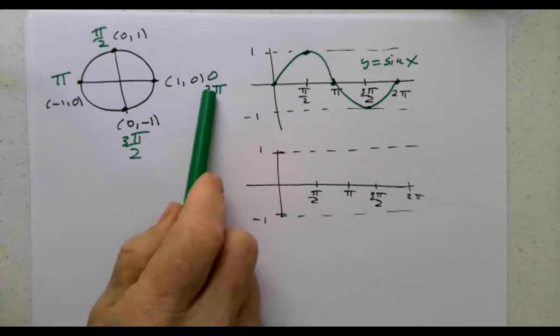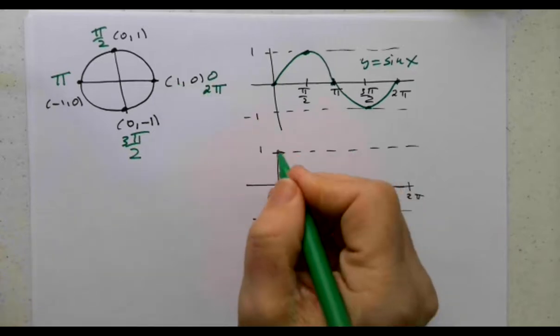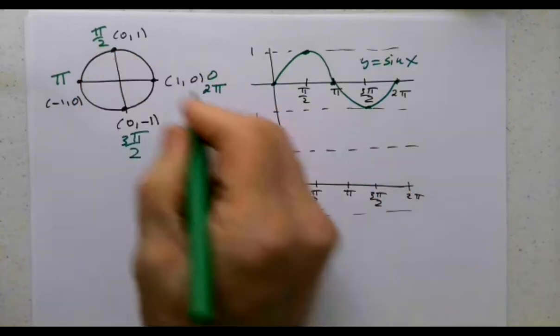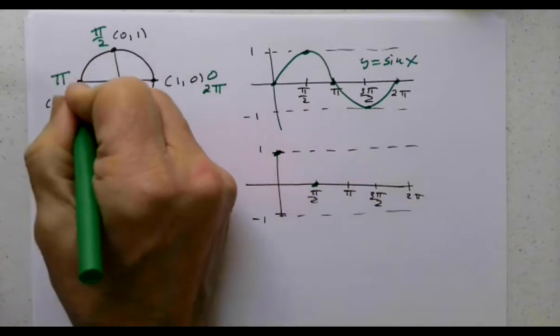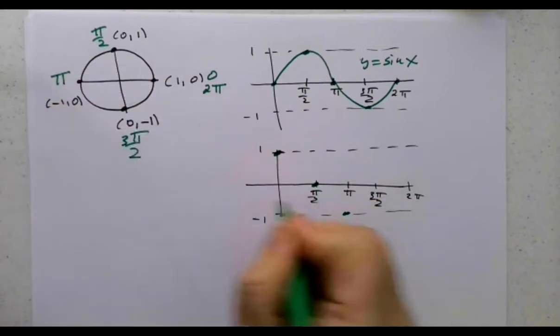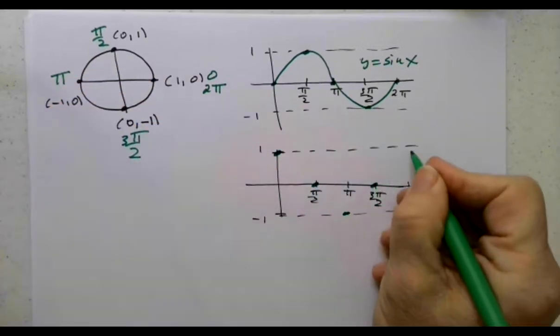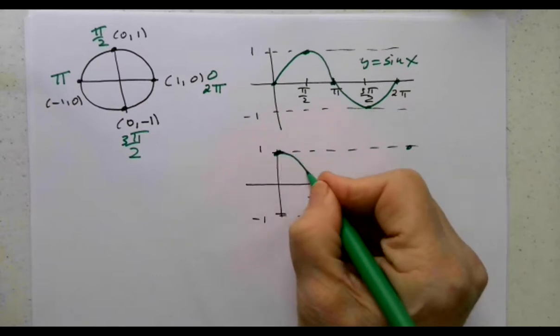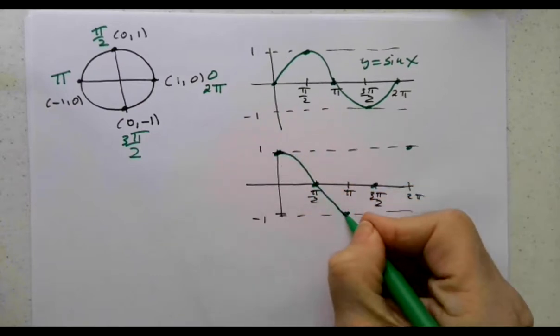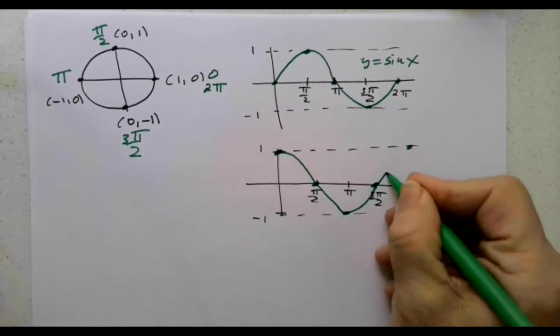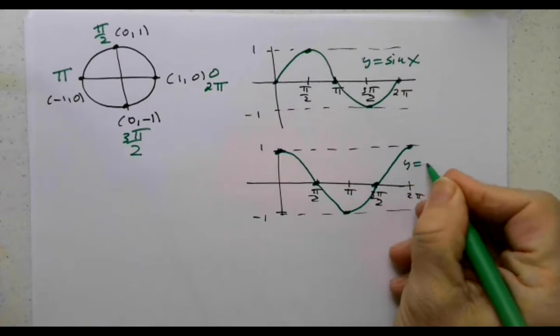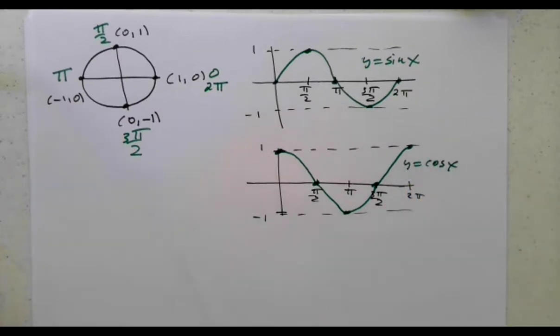But notice the x value here starts at 1. At pi over 2, it goes to 0. At pi, the x value goes to -1. 3 pi over 2 to 0, 2 pi back to 1. So here is our graph of cosine. You want to keep those ideas in mind.